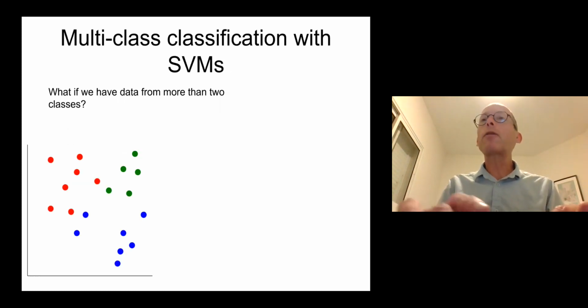The last thing I wanted to ask the class is about multi-class support vector machines. So we defined support vector machines. Remember that in the logistic regression case, we said we can just define new parameters for each class.